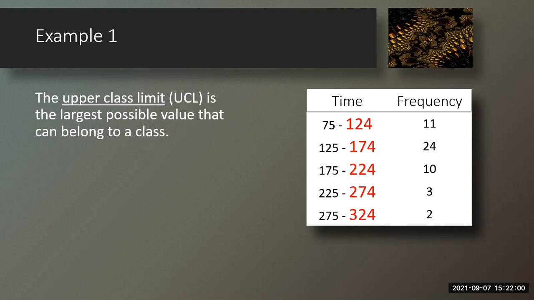Those are the upper class limits, the largest value you would be able to possibly find in any class. Note that these are limits. There is no guarantee that any of the data points actually are either, say, 75 or 124. Upper class limits, there we go.